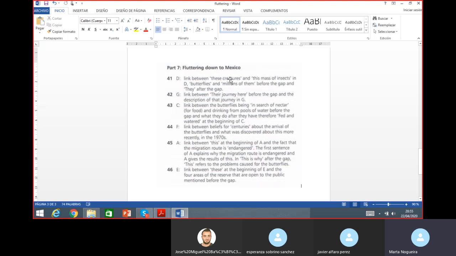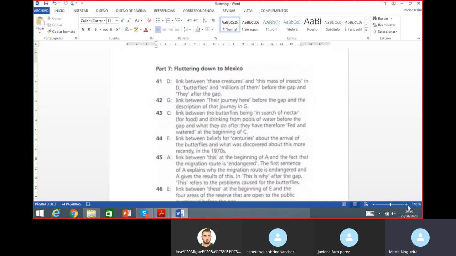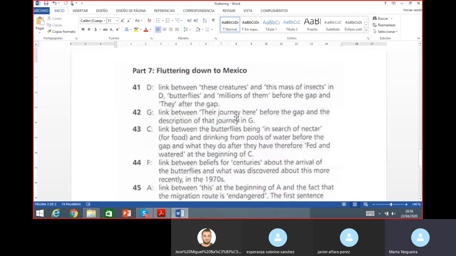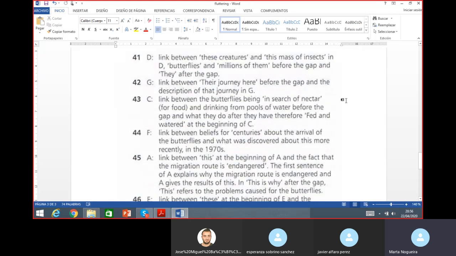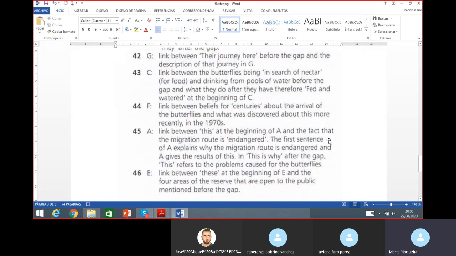D, because there is a link between these creatures and these masses of insects in butterflies and millions of them. Okay. G's because their journey here, and then you have the gap and the description of the journey. So this is what we have been saying. Así es como lo justifica el ejercicio, ¿vale?